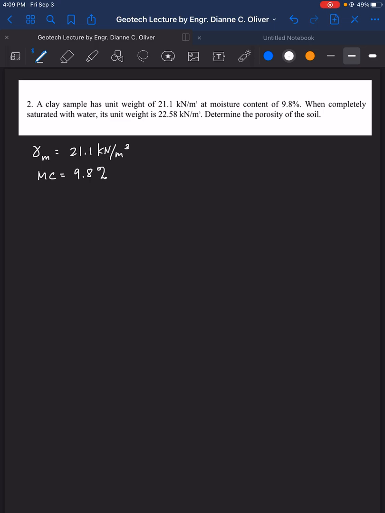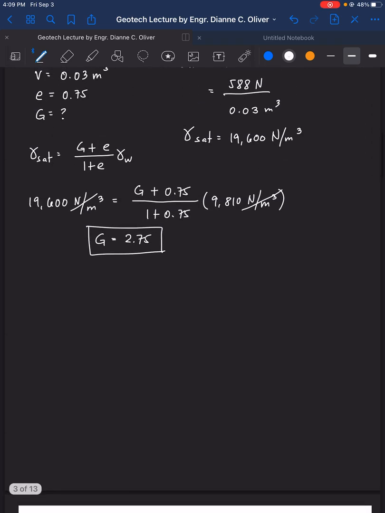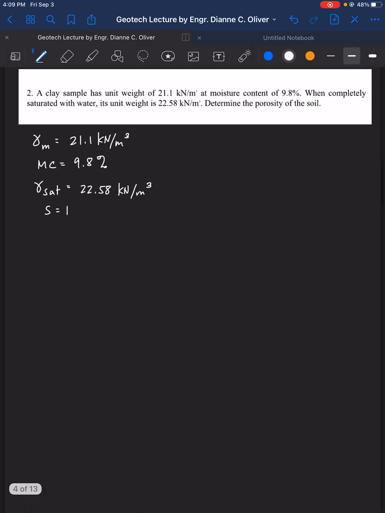Then, when it says the soil is completely saturated with water, its unit weight is, so gamma sat is 22.58 kilonewton per cubic meter. Now, if we're dealing with gamma sat, then S is equal to 1. There's no need for us to put that there.